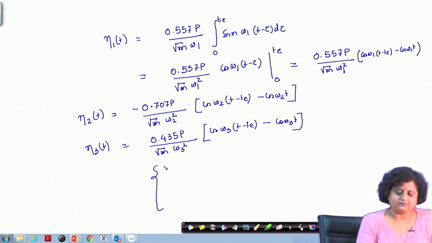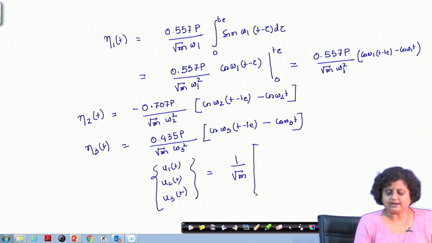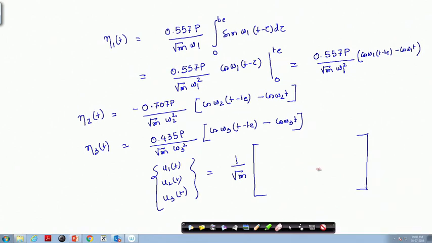So, the actual physical coordinates u1 t, u2 t and u3 t are going to be just 1 by root over m into the entire modal matrix phi, I mean the mass normalized modal matrix, I know the values of those, into my eta 1 t, eta 2 t, eta 3 t.